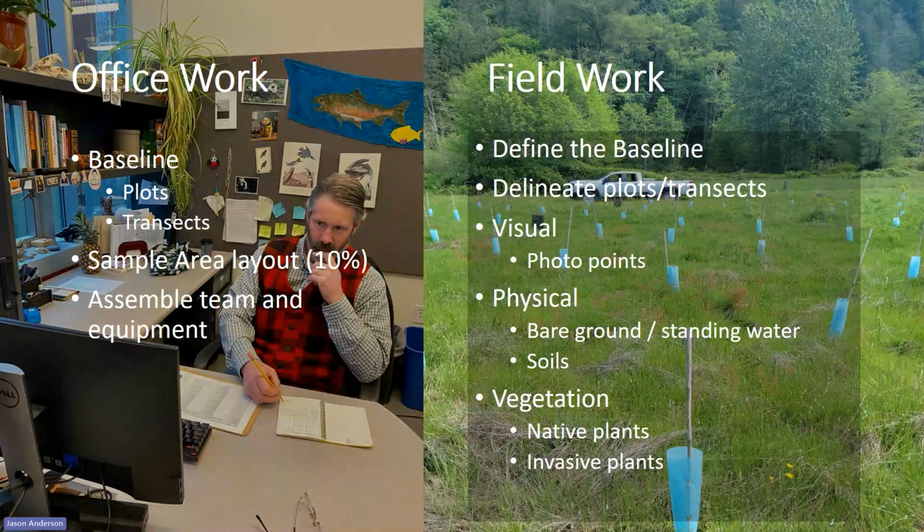Okay, so a few notes on office work and field work. In the office, we decide which sampling method we will employ, so in our case, plots or transects, and how much area we are going to sample. Our protocol directs us to sample at least 10% of the riparian restoration project area.